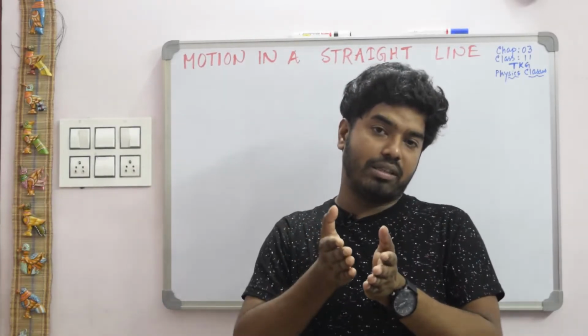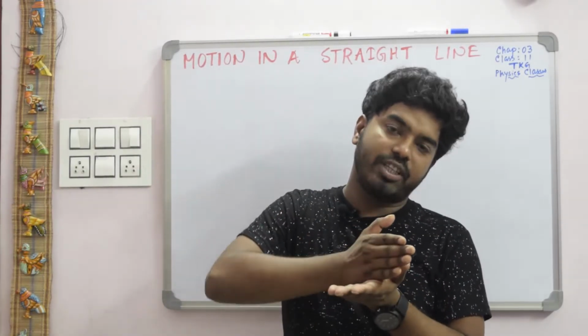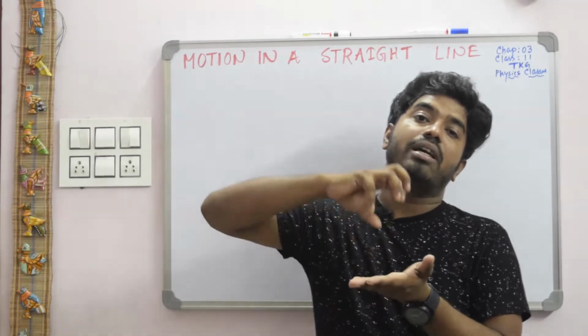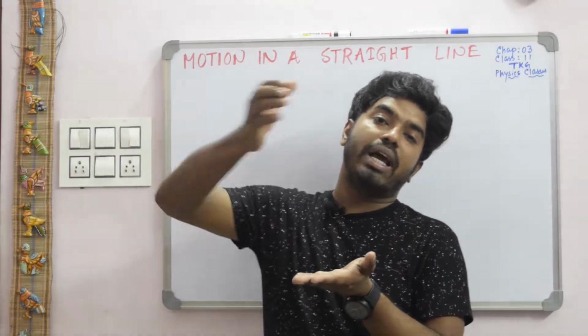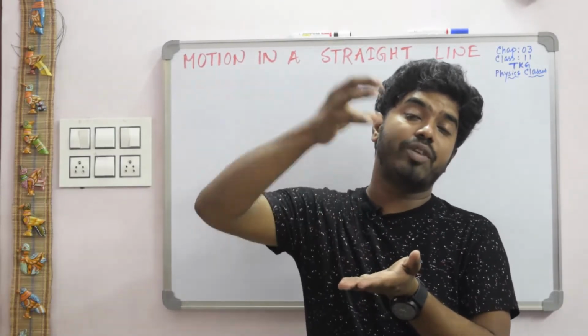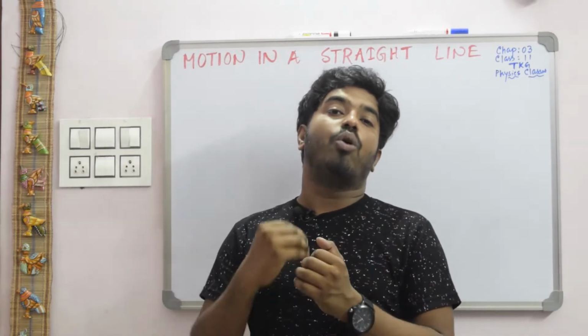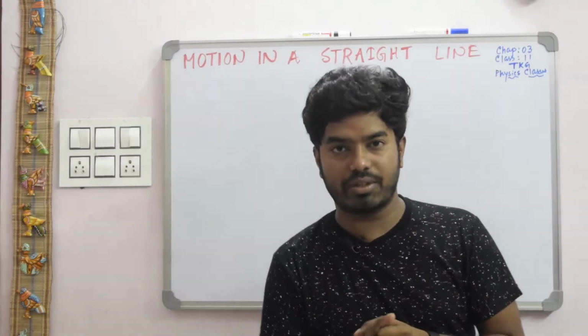So a person is at rest with respect to one frame, and at the same time, this person is in motion with respect to another frame. It depends upon the frame of reference. So we can say that rest and motion are relative terms.